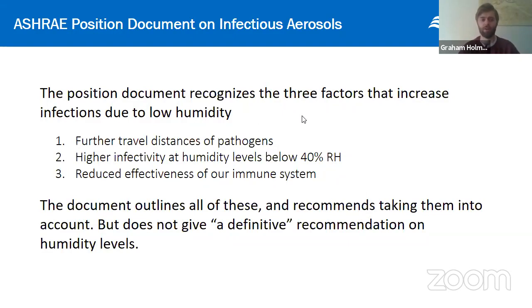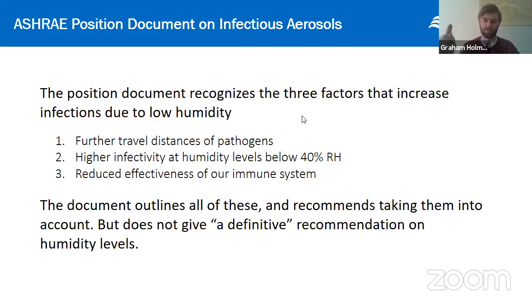The second factor is that there's higher infectivity at humidities below 40%. And they rated the study that proved this as a level B. A is the top, so B is the second, where A they fully recommend to follow, and B is more of a check out this recommendation.